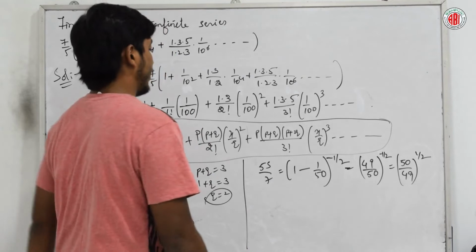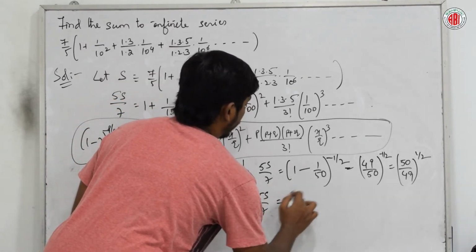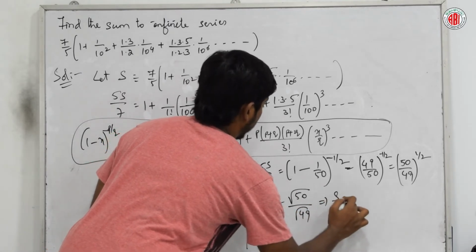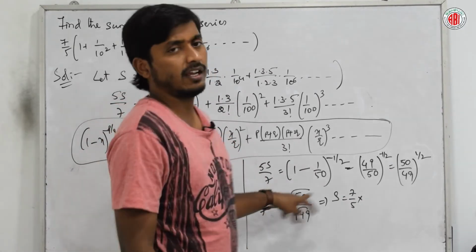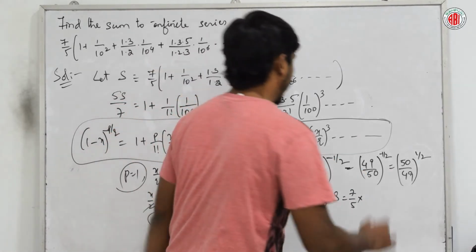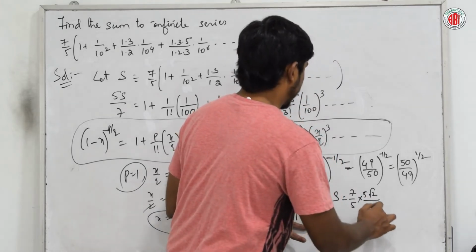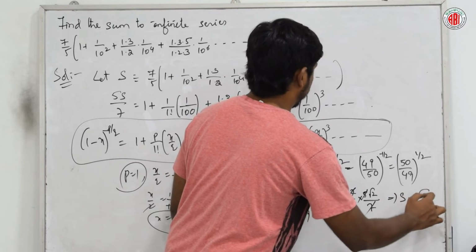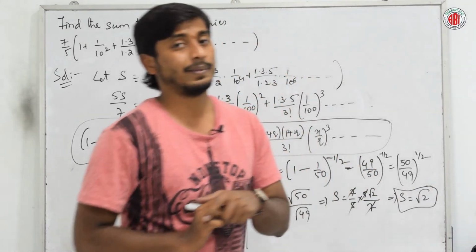Okay. Now see here. 5s by 7 is equal to root 50 by root 49, or simply s is equal to 7 by 5 into, what is root 50? 25 into 2. So I can write it as 5 root 2 divided by root 49 is 7. 5 5 7 7 got cancelled. I will get the value of s as root 2. Is it simple?